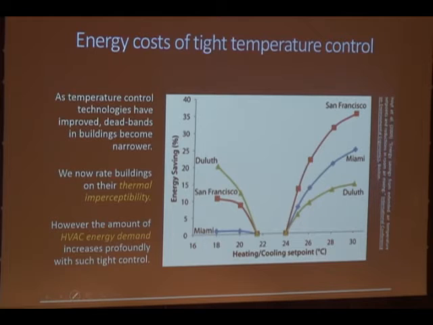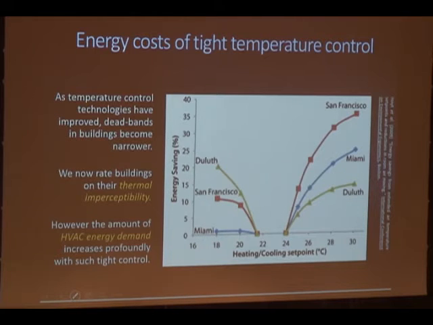I've got a slide here from our friends at Berkeley that illustrates the energy savings that can be achieved by widening the deadband, by loosening temperature control inside buildings. Using a baseline of 2 Kelvin as the width of the deadband, expanding that out on the cool side or the warm side to 3 or 4 degrees can achieve very substantial HVAC energy savings.